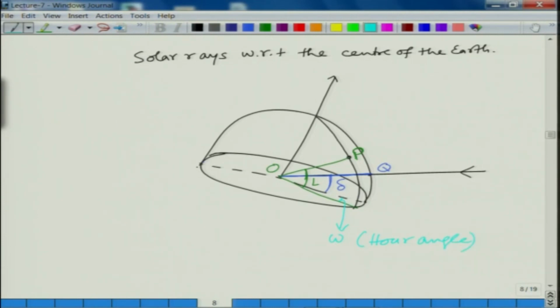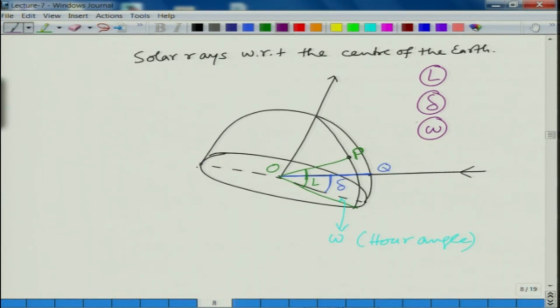So, here we are getting a few angles: the latitude, declination angle and hour angle.